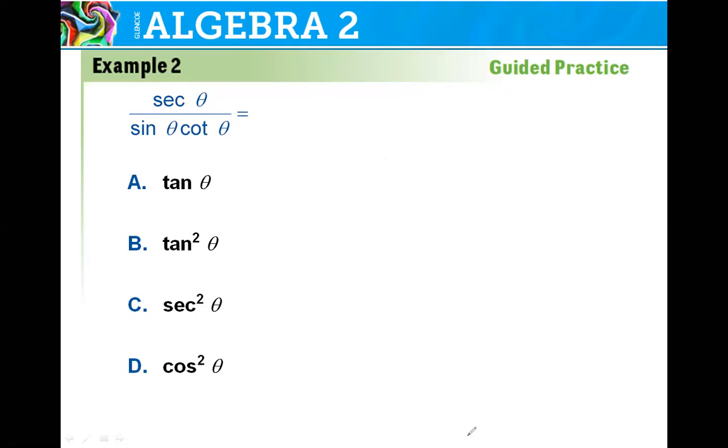We have here sec theta over sine theta cotan theta. Its simplest form will be tan theta, tan squared theta, sec squared theta, or cosine squared theta.